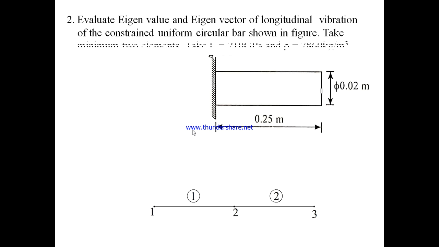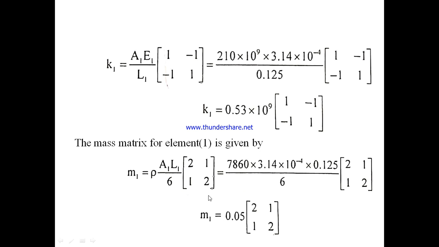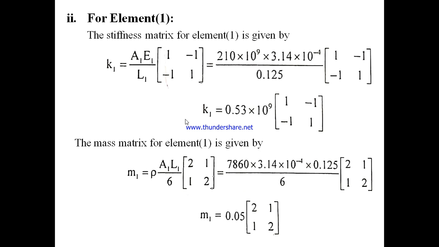Now we shall go to the problem here. So here the FE model is created. So next, for the first element, I am going to derive the K1 and M1, where K1 is the stiffness matrix and M1 is the consistent mass matrix for the first element. Okay, so because we have divided into two parts there, so element 1 and element 2, this is the first element.